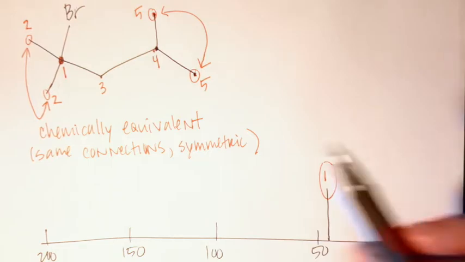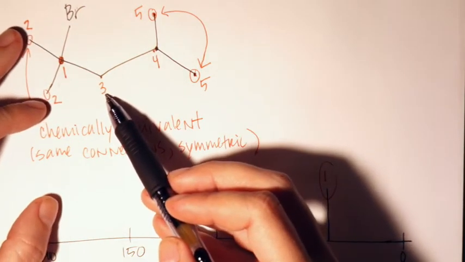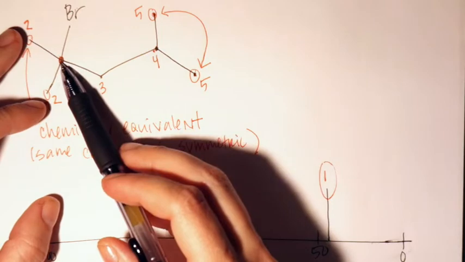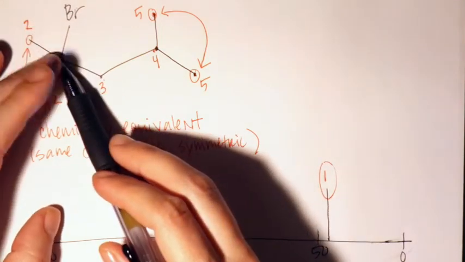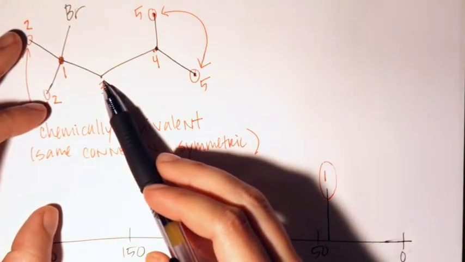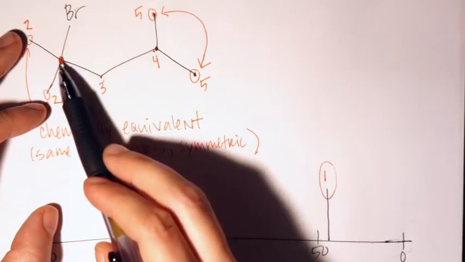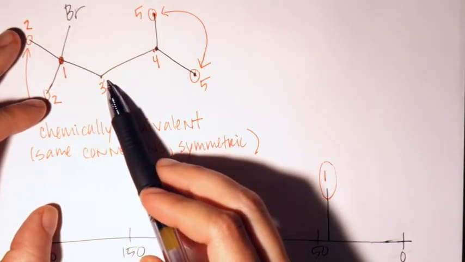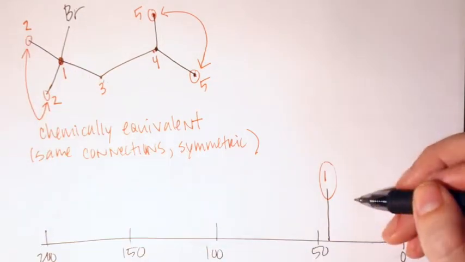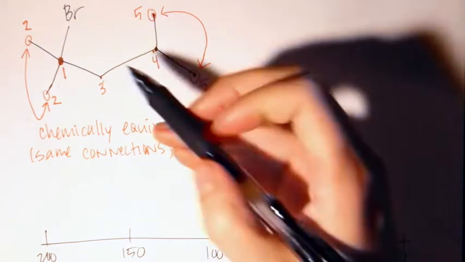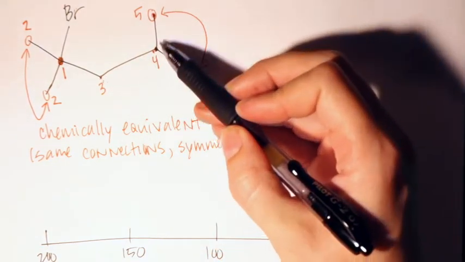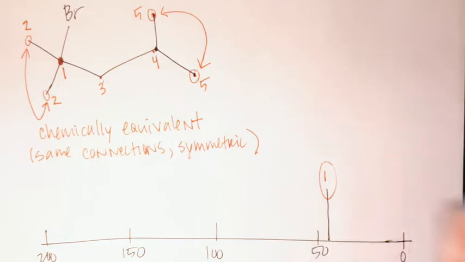Carbons 2 and 3 are going to be the next most downfield because they're the next closest. They're all beta carbons to the bromine, right? 1 is the alpha carbon, 2 and 3 are beta carbons. So those would be the next most downfield, and then 4 will be more upfield, and 5 will be the most upfield because they're getting farther and farther away from the bromine.